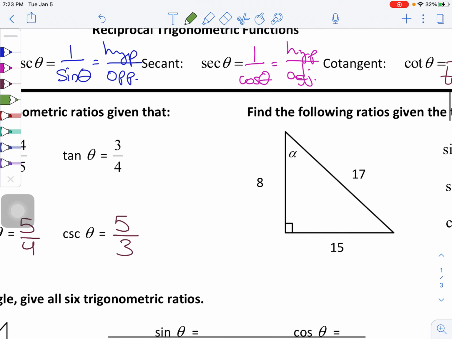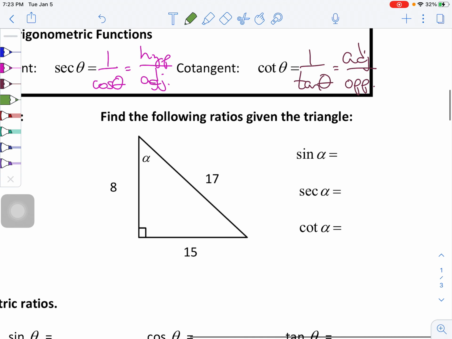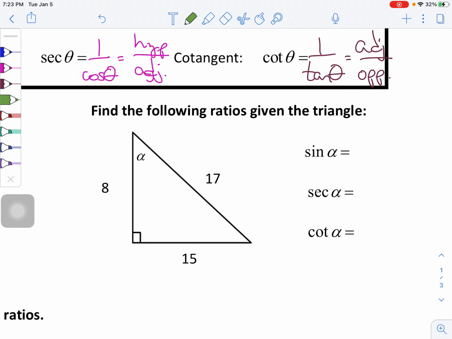Let's see what the next little problem here brings, number 8. Find the following ratios given the triangle. Now, one quick thing that I'm going to do, this is my reference angle of alpha. So if I go across, this is opposite, this is adjacent, and here's my hypotenuse. Sine of alpha is going to be opposite over hypotenuse, so 15/17.